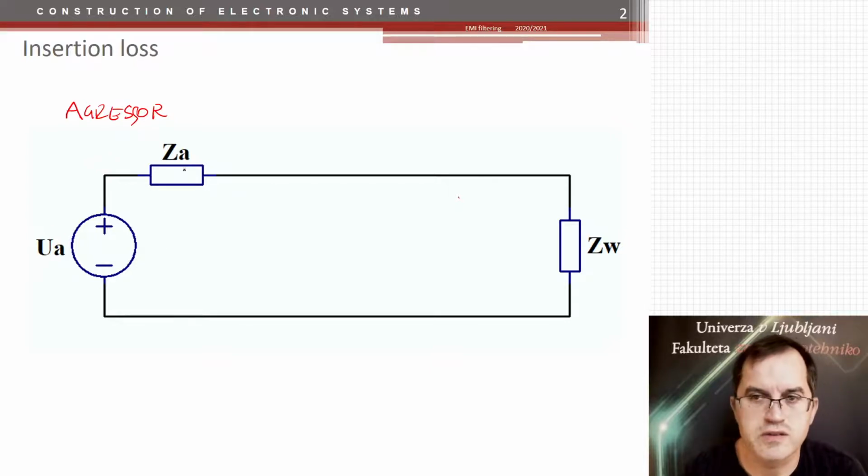And this noise source has a certain impedance, so it has an aggressor impedance. We can represent it as a Thevenin circuit. So we have the aggressor source here, and we have a victim on the other side.